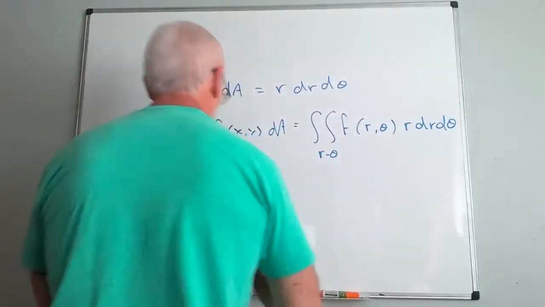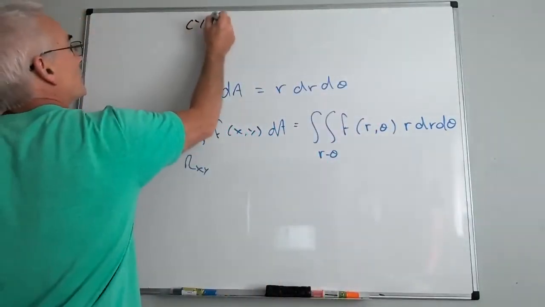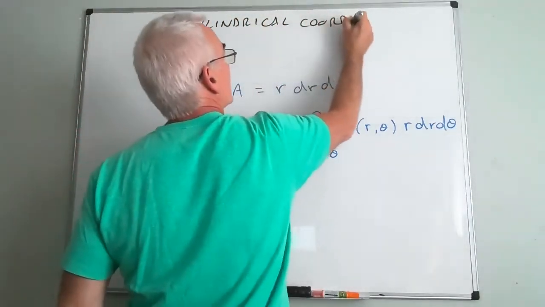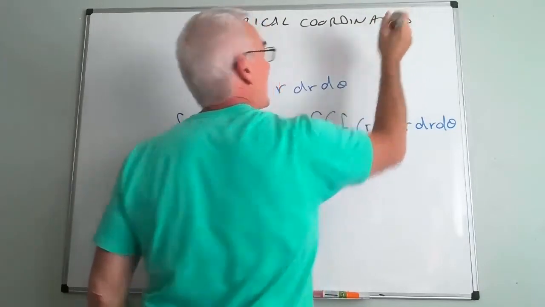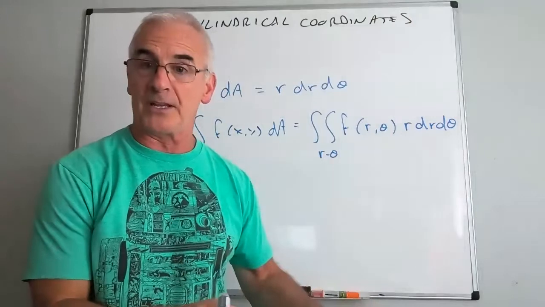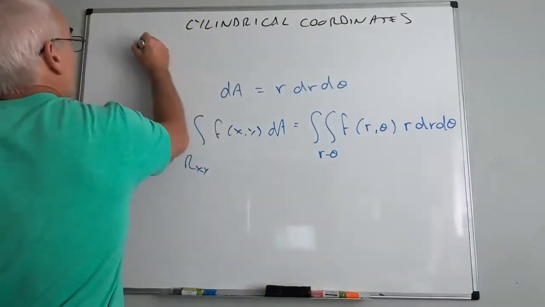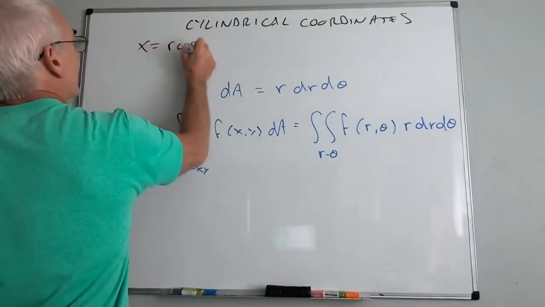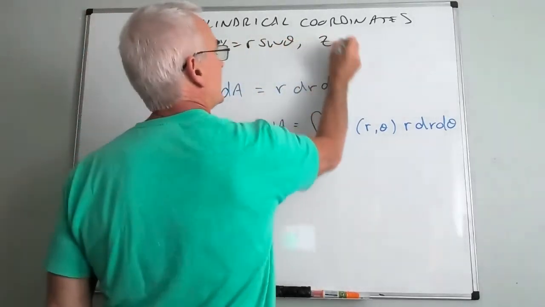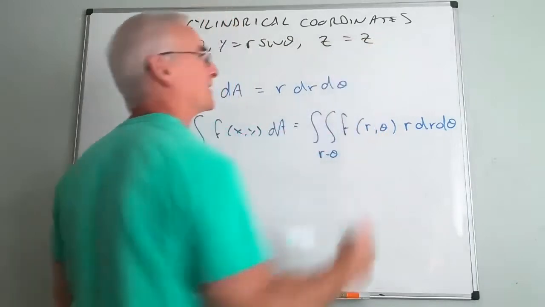The first thing is we call this cylindrical coordinates. Cylindrical coordinates are basically polar coordinates in 3D, where x is still r cos theta, y is still r sine theta, and z stays z.